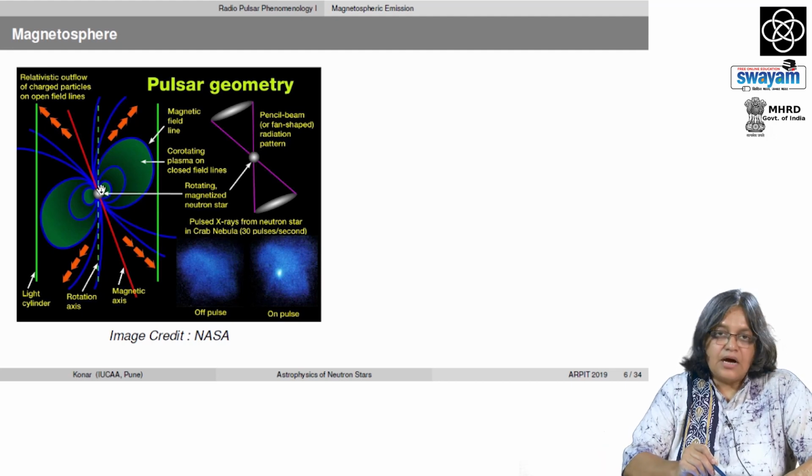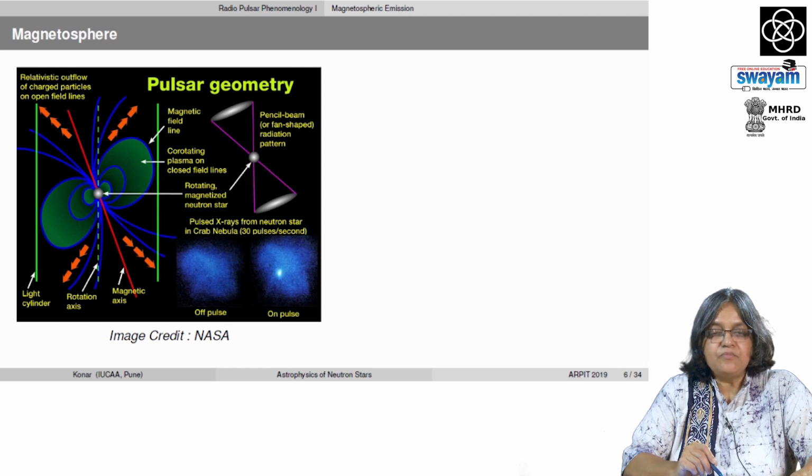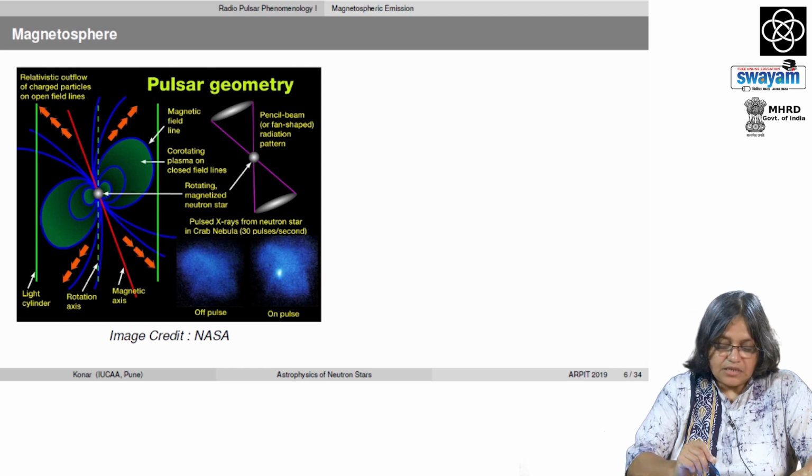There is a neutron star which is rotating at a very fast rate and has a strong magnetic field. Because the magnetic field is time varying, a very strong electric field is generated in the region immediately outside the neutron star, and that region is called the magnetosphere.